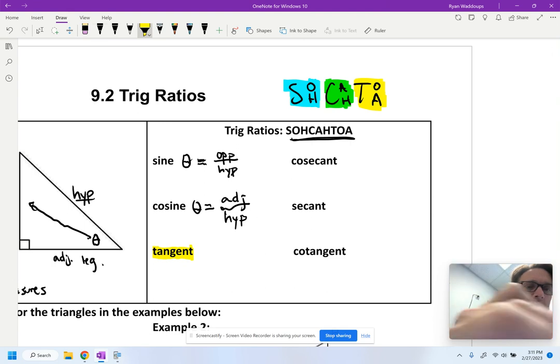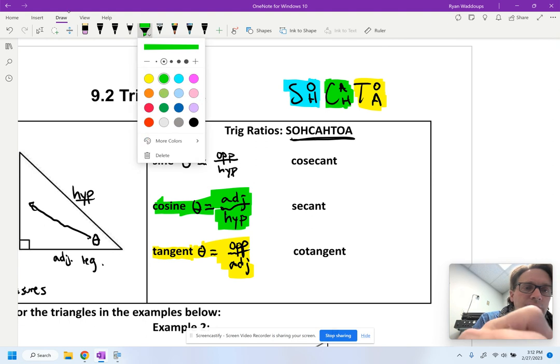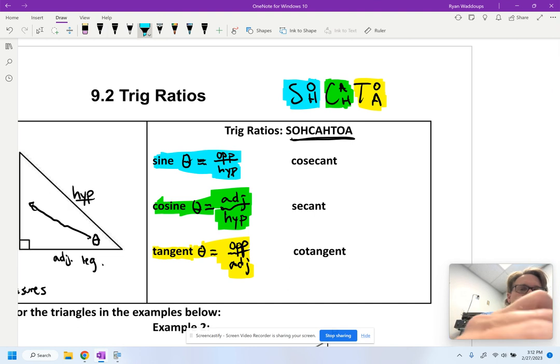And the tangent of theta is the opposite leg over the adjacent leg. That's the tangent of a given angle. And once again, the cosine is the adjacent over the hypotenuse, and the sine of the angle is the opposite over the hypotenuse.